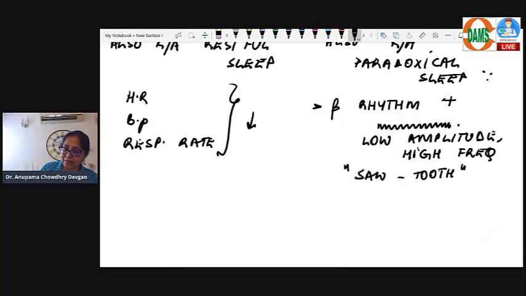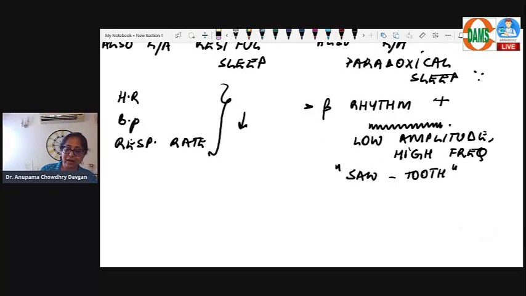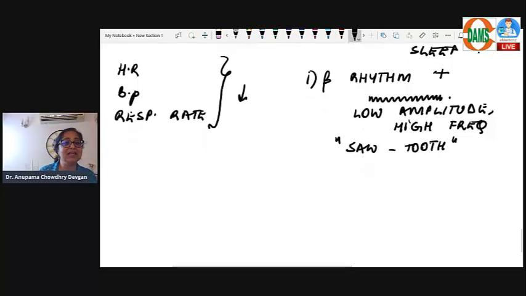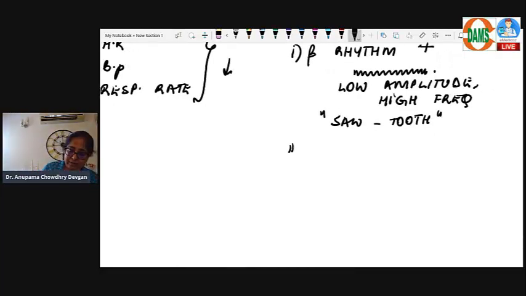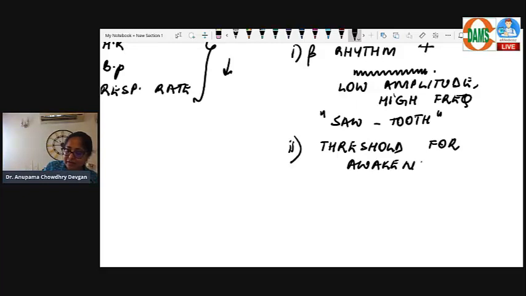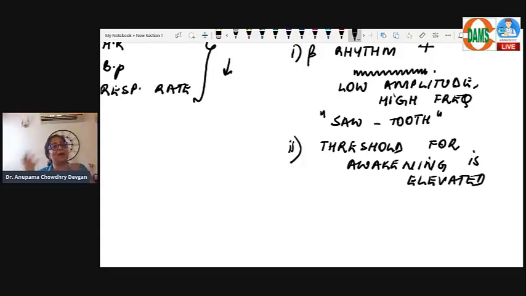So this is known as paradoxical sleep because, number one, a beta rhythm is being recorded, and beta is recorded when you are normally in the alert awake state. So it's a paradox. Second important paradox: the rhythm that you get is beta, but the threshold for awakening is elevated in REM sleep. Again, another paradox.